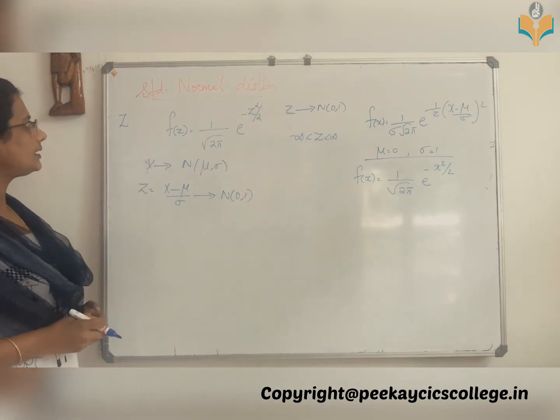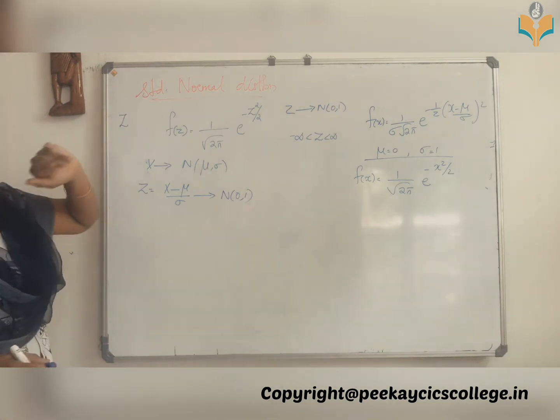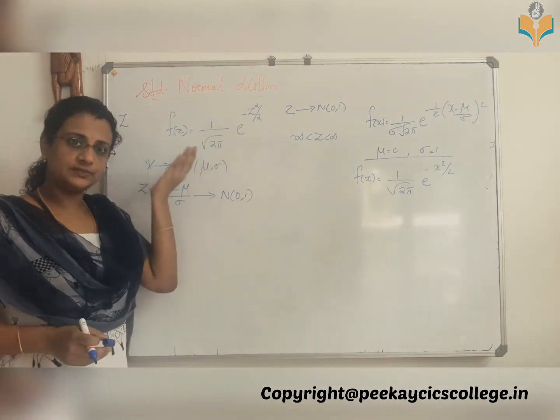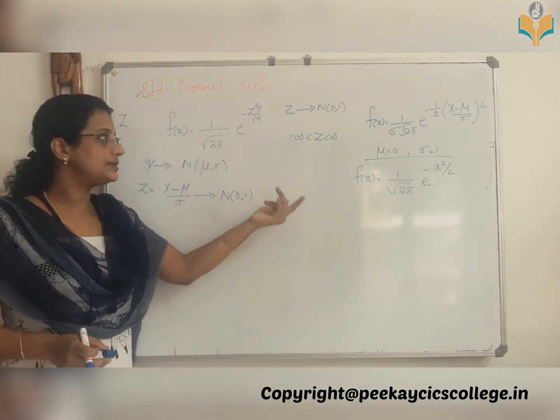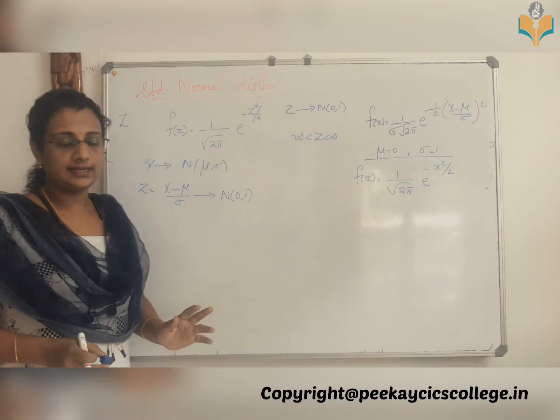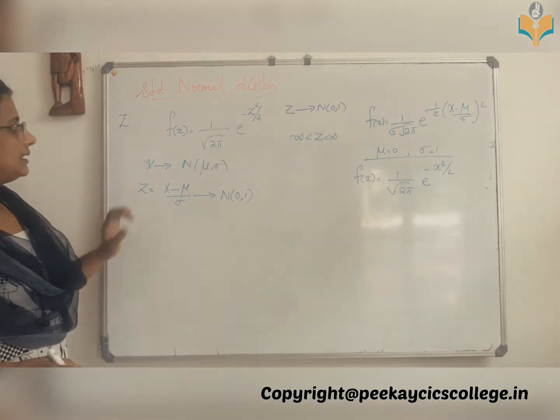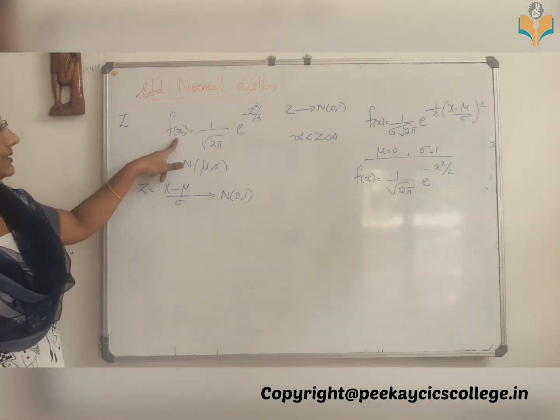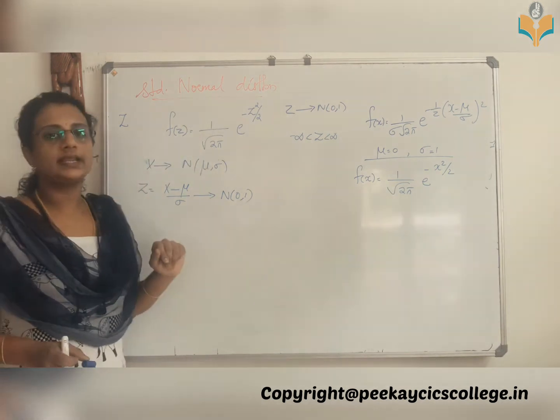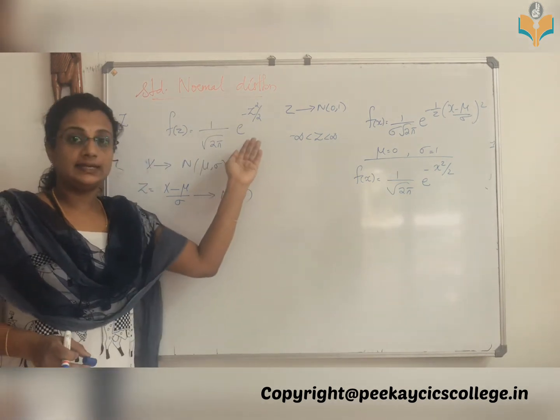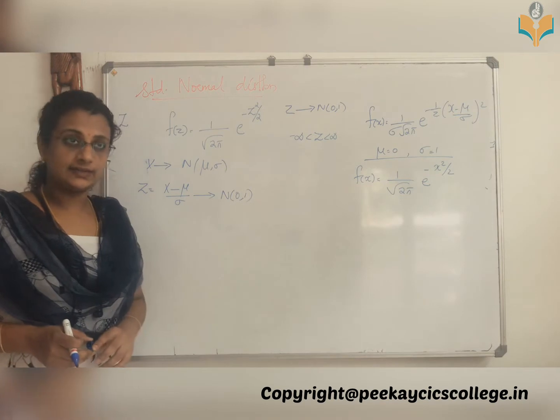Alright. So, what about the standard normal distribution? The standard normal distribution is an extension of a normal distribution with the mean equal to 0 and sigma equal to 1. Then the PDF is f of z equal to 1 by root 2 pi, e raised to minus z square by 2, z from minus infinity to plus infinity.